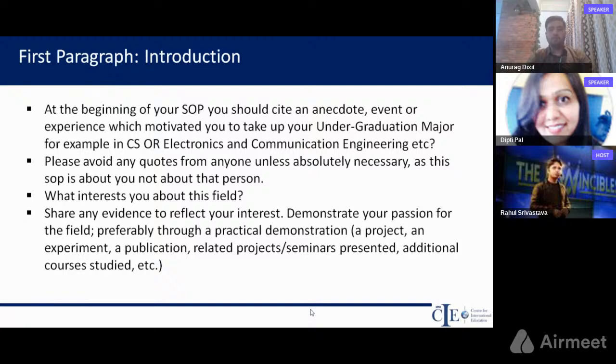For example, if you went for computer science or electronics and communication engineering or mechanical engineering or life sciences or chemistry, whatever subject you learned in your undergrad, what were the motivations, what was the thought process behind picking those subjects? That is a good way of introducing yourself in the essay.